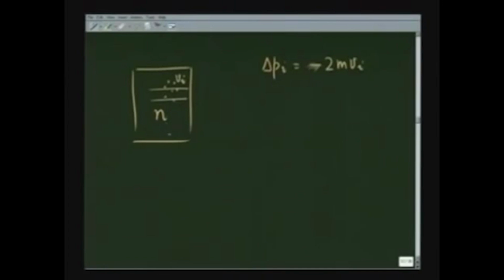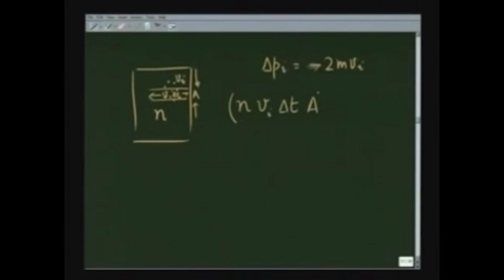The number of particles hitting in time delta t is going to be n times v_i delta t times the area. This is the area, this is the length v_i delta t, and in volume A times v_i delta t I have n times this many particles.